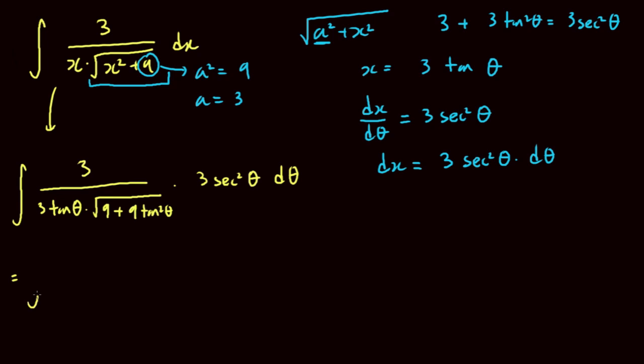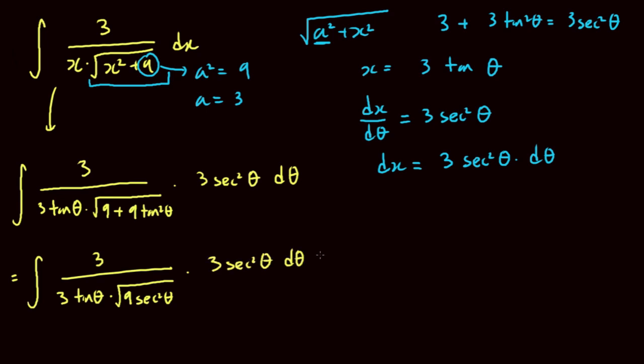So as we solve it, we get 3 over 3 tan theta times, 9 plus 9 will give us, square root 9 sec squared theta, times 3 sec squared theta d theta.